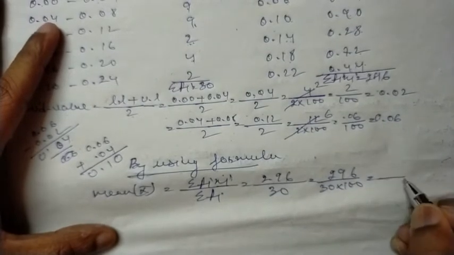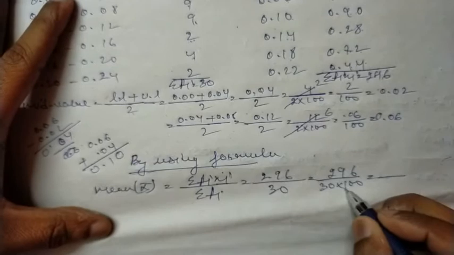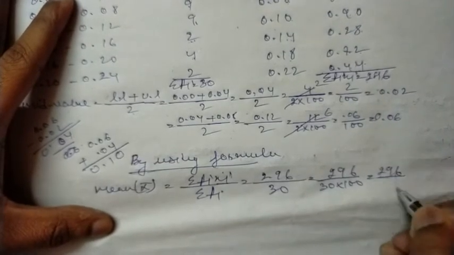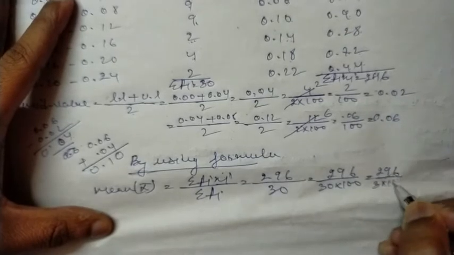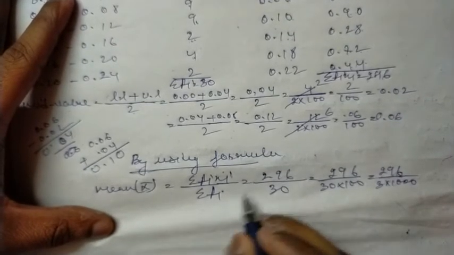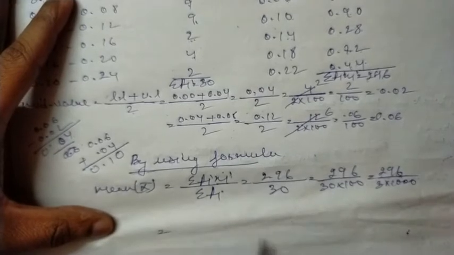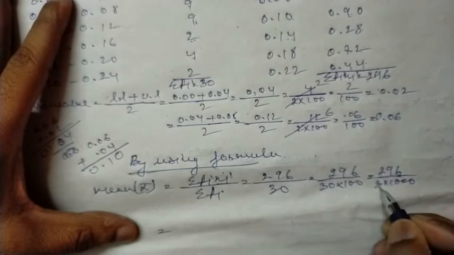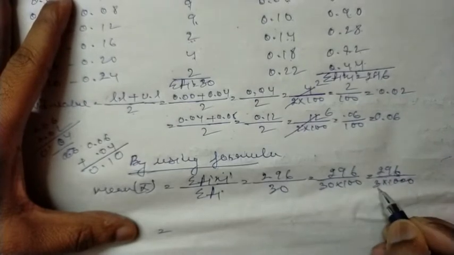So what we can do here, we can write this as 296 over 3 into 1000. We can write in this way. Now we can cancel this 296 by 3.